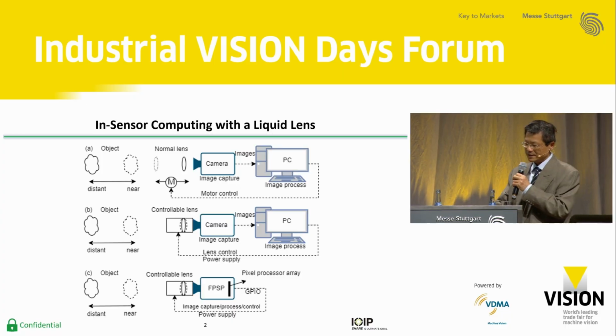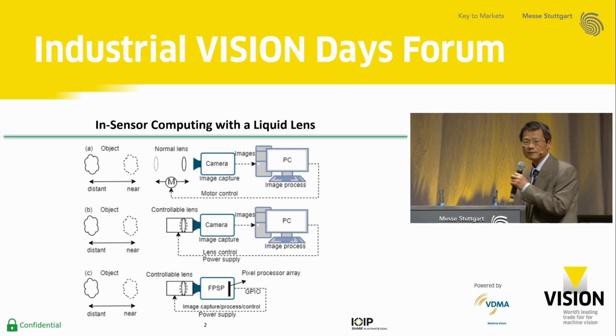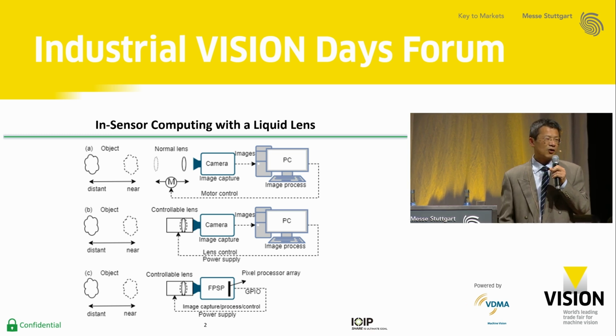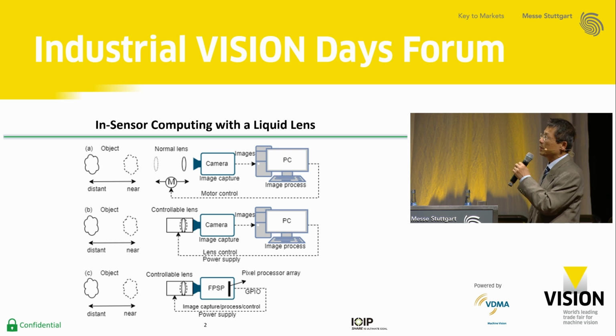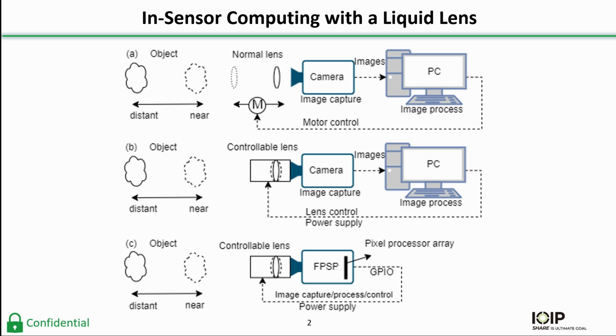Let's see the imaging system. Traditionally, to get the image of an object, we need an imaging system including the lenses, camera, and the processing unit, usually a PC. In this case, if we need to adjust the focusing, we usually need a motor.